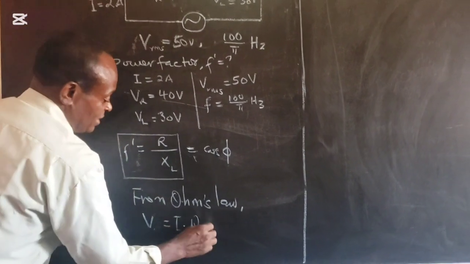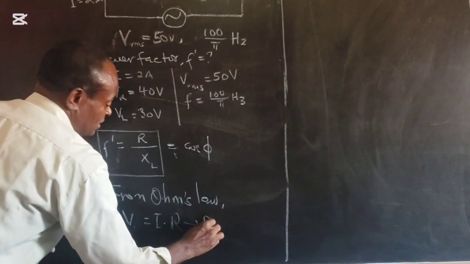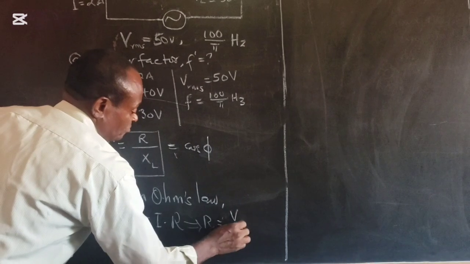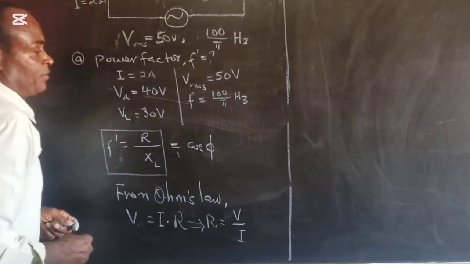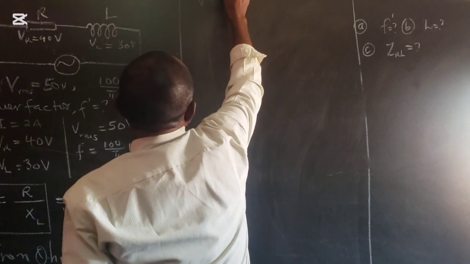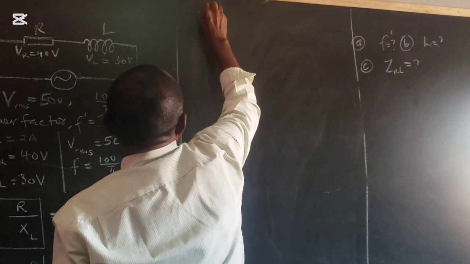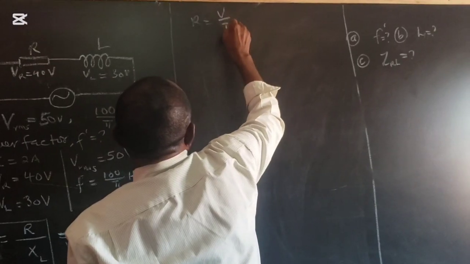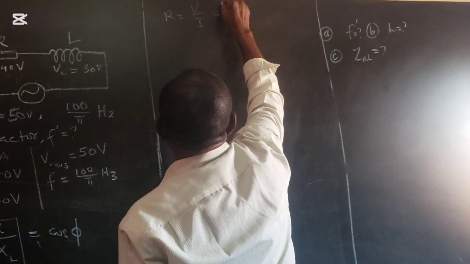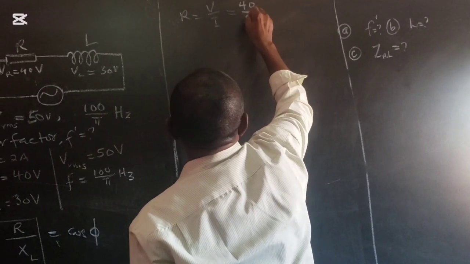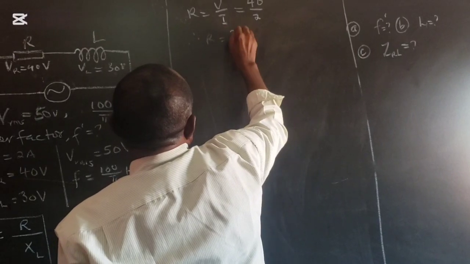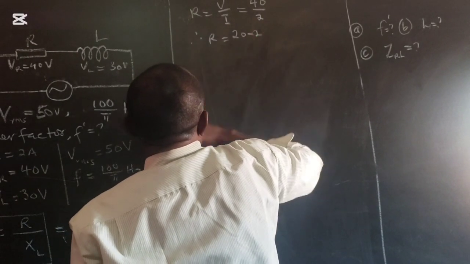So to be able to find our resistance, this simply means that resistance is equal to V over I. Our R equals V over I. And then if we substitute, we are going to have 40 divided by 2. Therefore, our R is equal to 20 ohms.